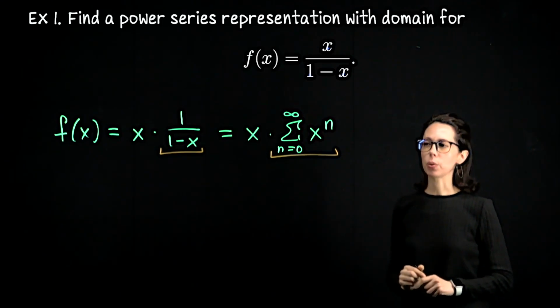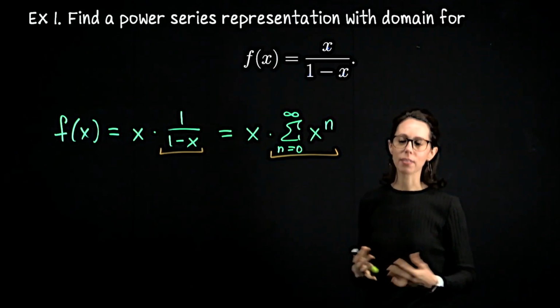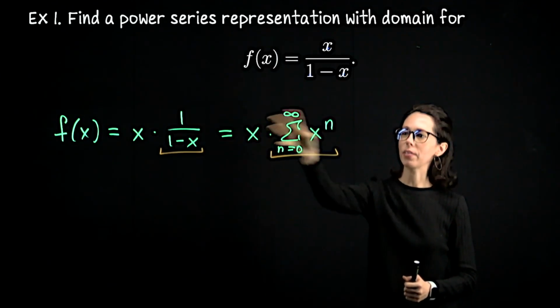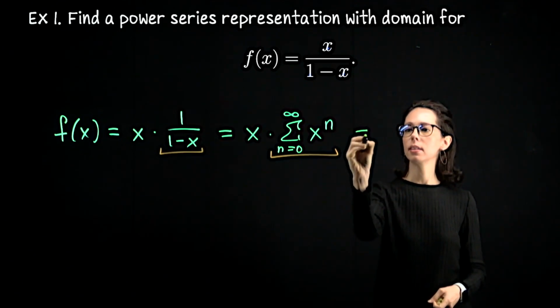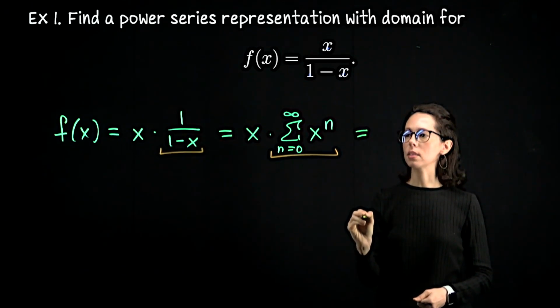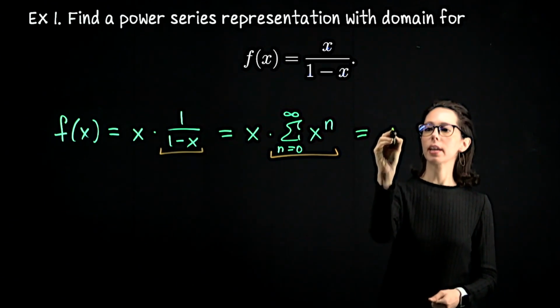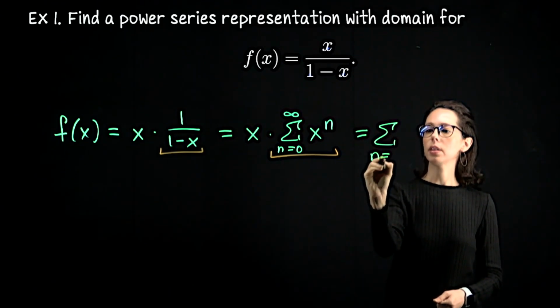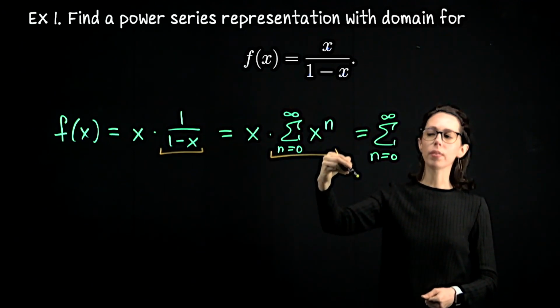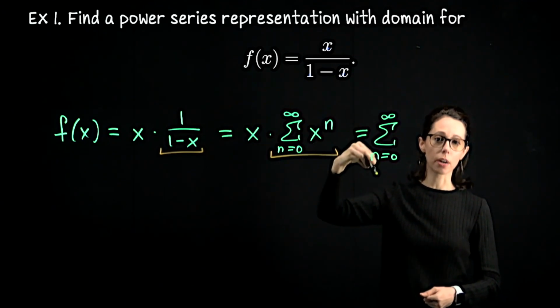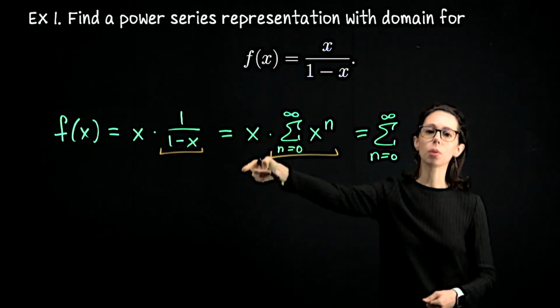Typically, what we would like to do is bring everything inside of the sigma notation, if you will. So I'm going to take this x and bring it inside. Let me do this once with an extra step. So here's the extra step, n equals 0 to infinity. I'm going to say x times this series is equivalent to x times every individual term, because if I expand this out, I would be distributing the x.